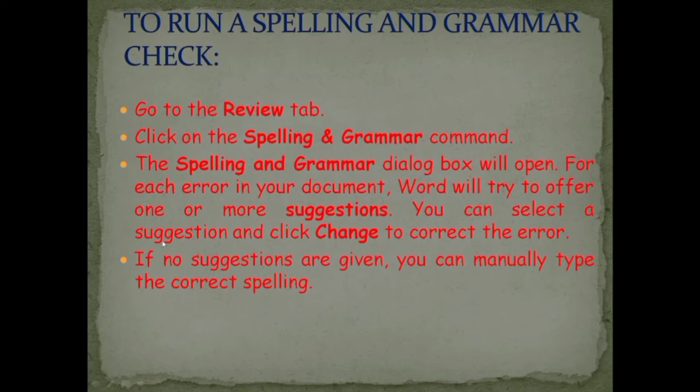Then you can select a suggestion and click change to correct the error. If no suggestions are given, you can manually type and correct the spelling. Or you can just right click on the incorrectly spelled word. If there is a red wavy underline under the text, then a list of suggested corrections will appear.